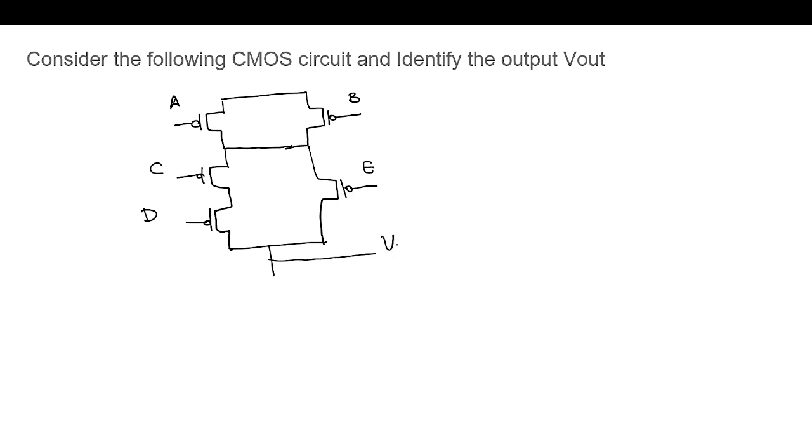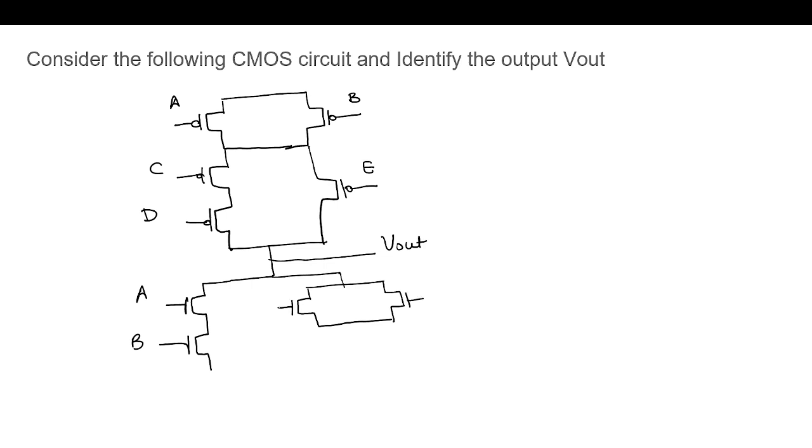Now to design the pull-down network, you can see that A, B are in parallel, so here A, B should be in series. And C and A are in series. In the pull-down network, C and D should be in parallel. And to this parallel, since here it is parallel to E, it should be in series with input E.